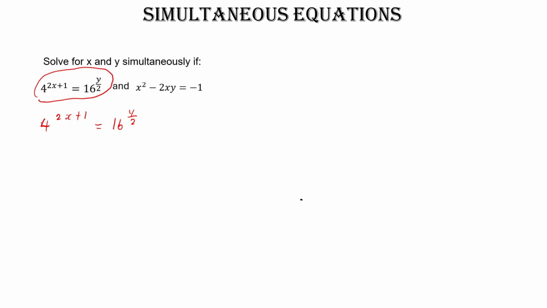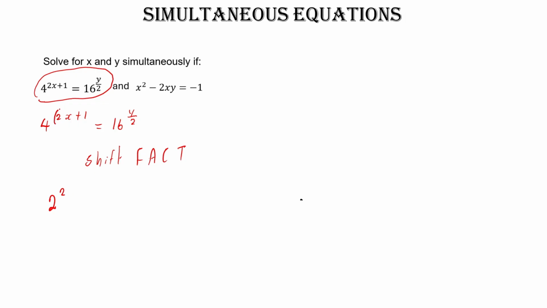Let's factorize 4. You go to your calculator and use shift factorize, or if you have a Sharp calculator, second function then factorize. You can see that 4 is the same as 2 squared.